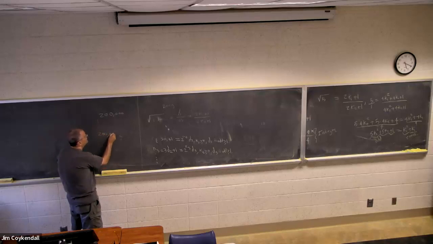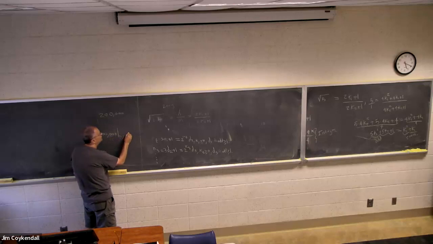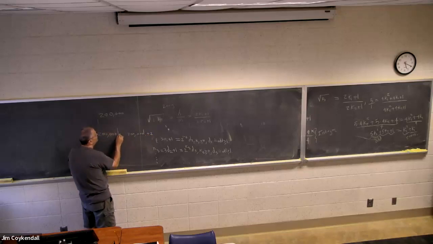I forgot. What has to do with factorial? And the next one, maybe this number has to be improved. 200,000 factorial plus 2. How are we gonna deal with the plus 1 here?